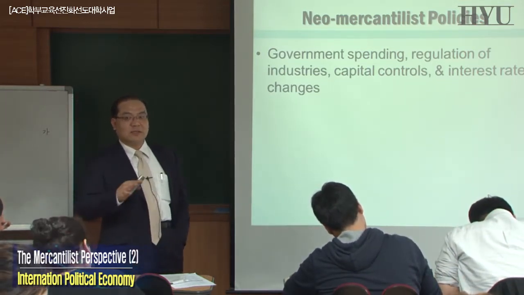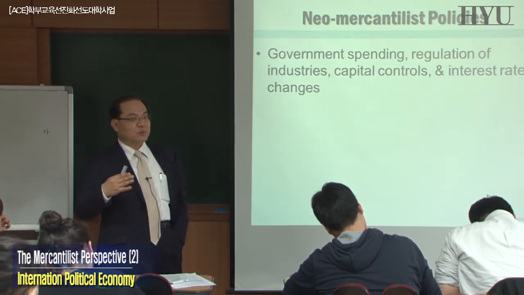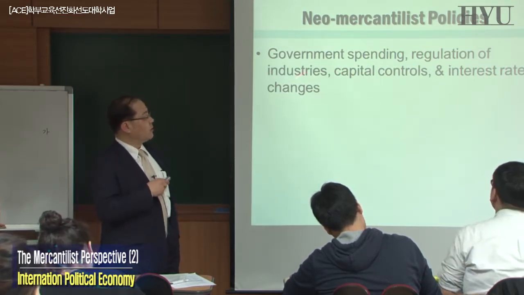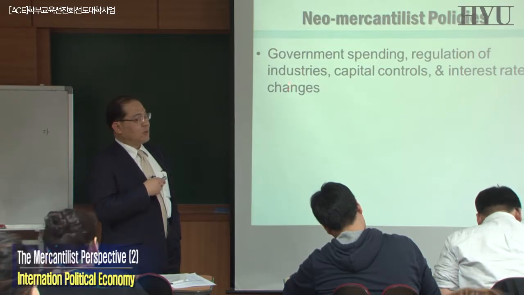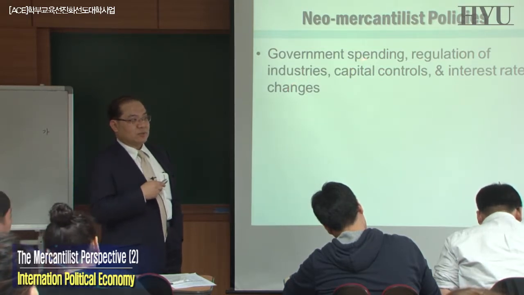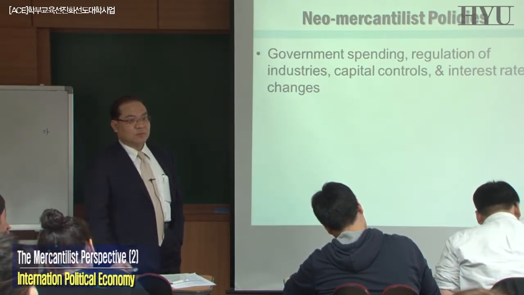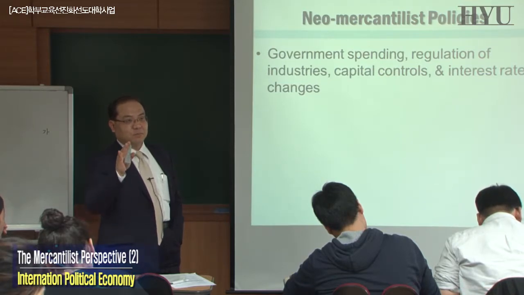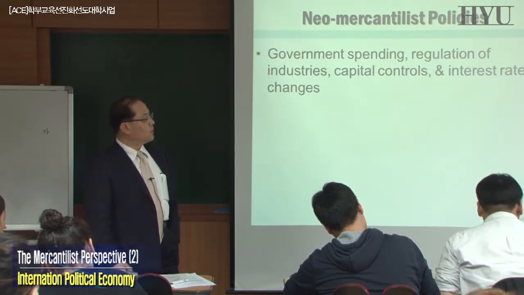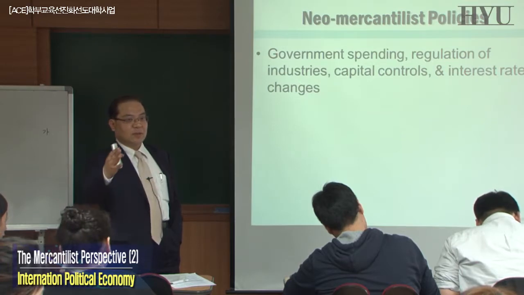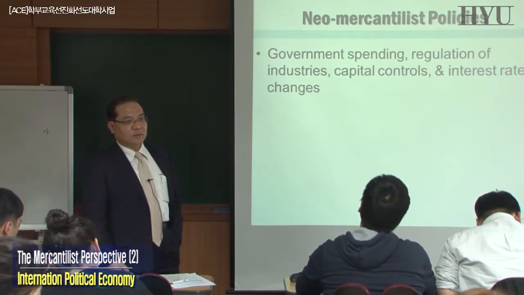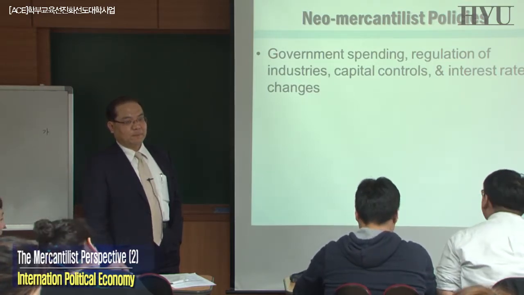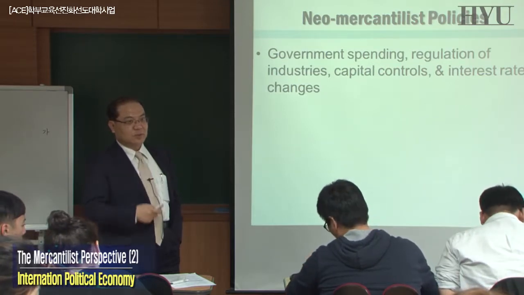The government doesn't leave it up to the market, right? The government steps in, regulates the industries, and spends budgets. The government spends budgets for particular purposes. Channels budgets to particular areas. Right? These are examples of neo-mercantilism.